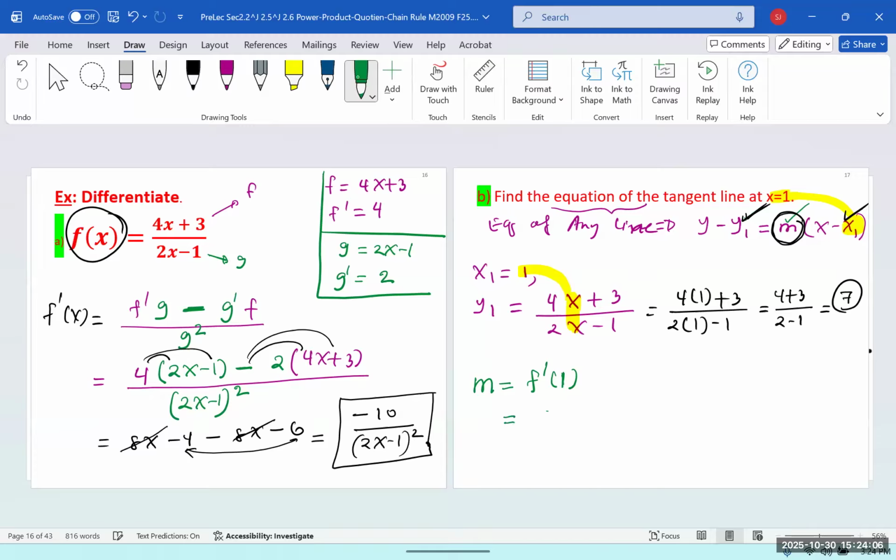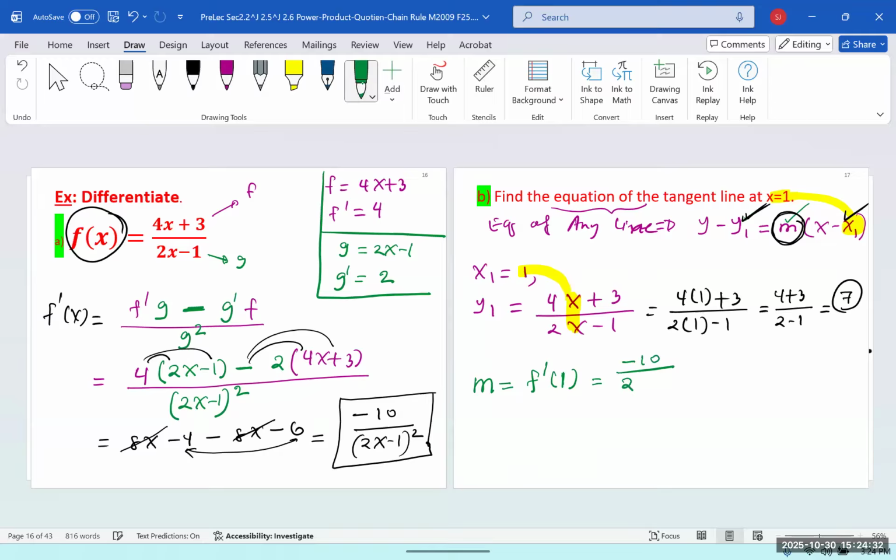So our slope is negative 10 over 2x minus 1 whole thing squared, which is negative 10 over 2 times 1 minus 1 whole thing squared. Actually, let me do it on the side so I have enough space.